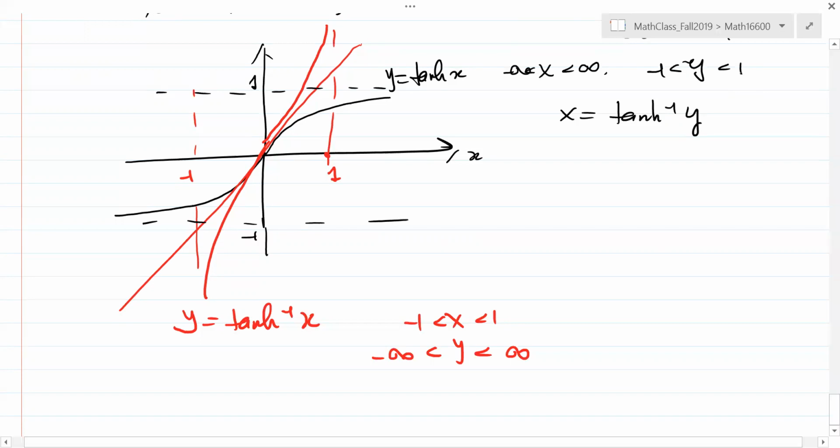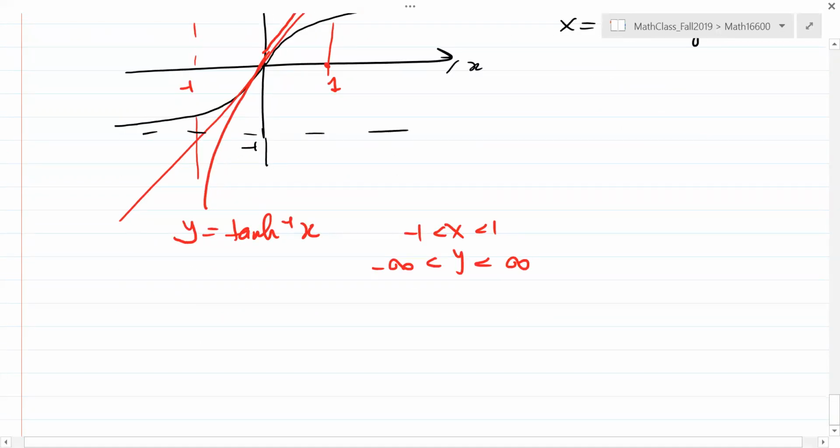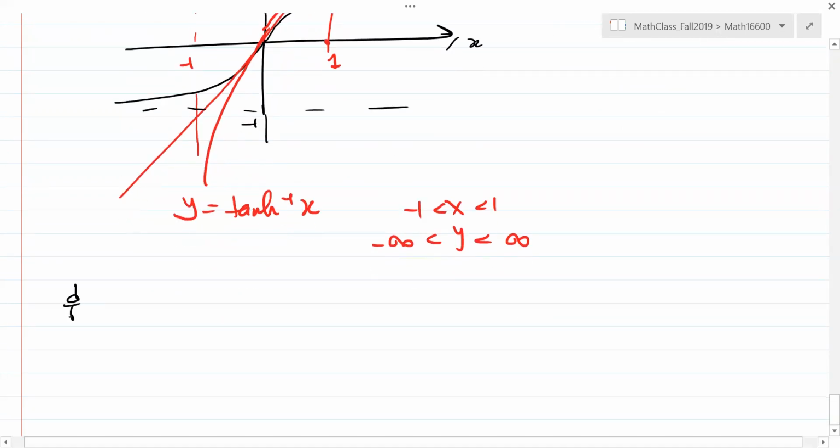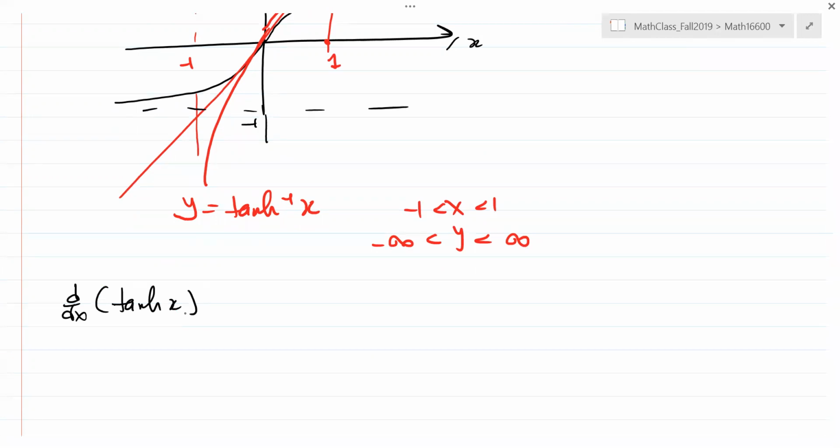What is the derivative of hyperbolic tangent x, and what is the derivative of the inverse of hyperbolic tangent x? Okay. So we know that the derivative of tanh x, we already did that computation.